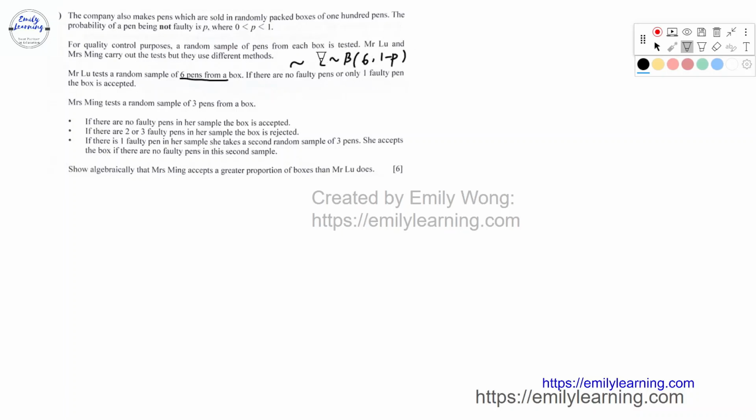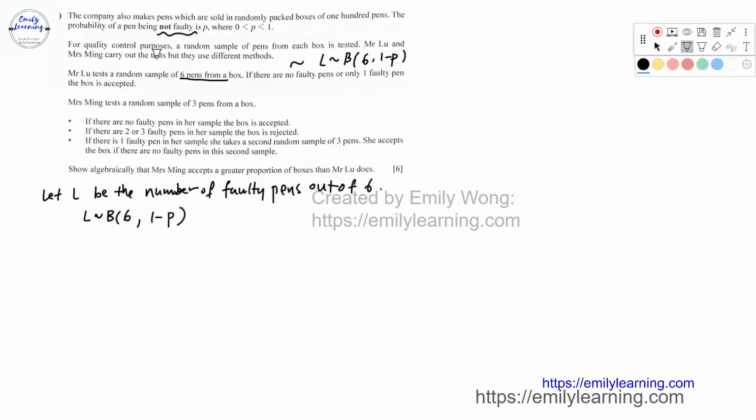So L takes a binomial distribution with n being 6, and because I'm interested in defective pens, and p is the probability of it being not defective, I have 1 minus p.